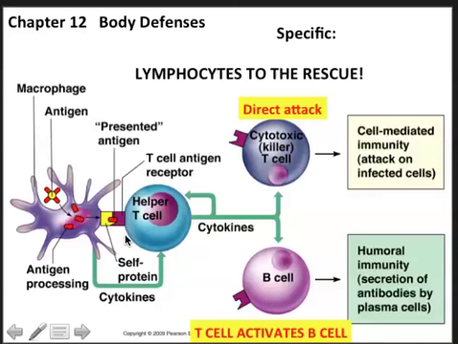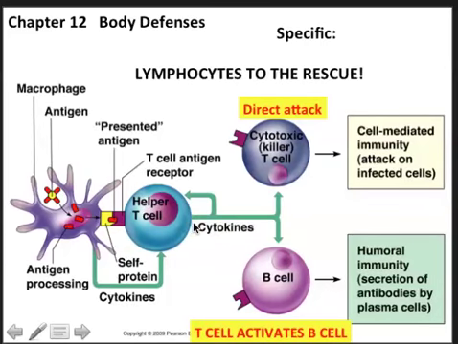There will be a subset of those that will be able to bind very tightly to this presented antigen, and they will be stimulated to divide as a result of their exposure to interleukins, which promote now the rapid cell division of these helper T cells.